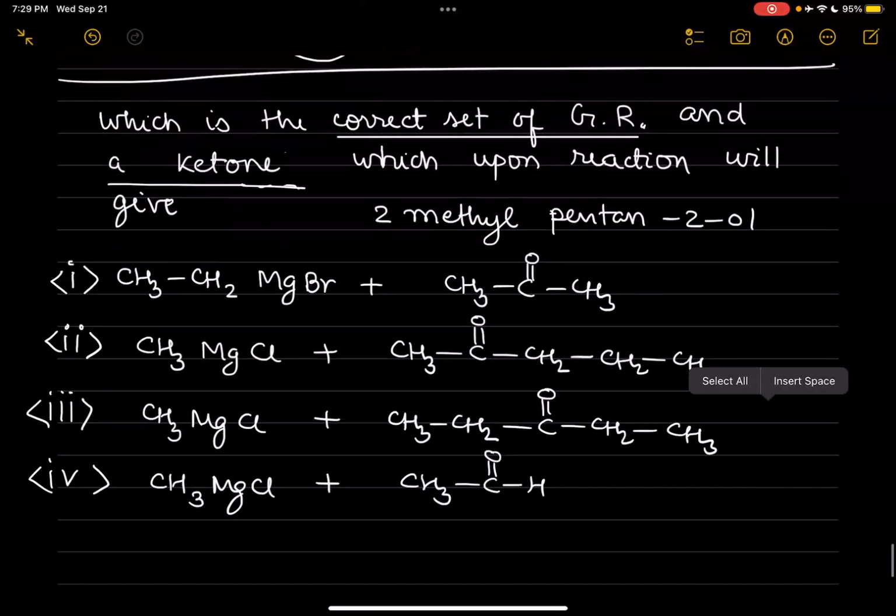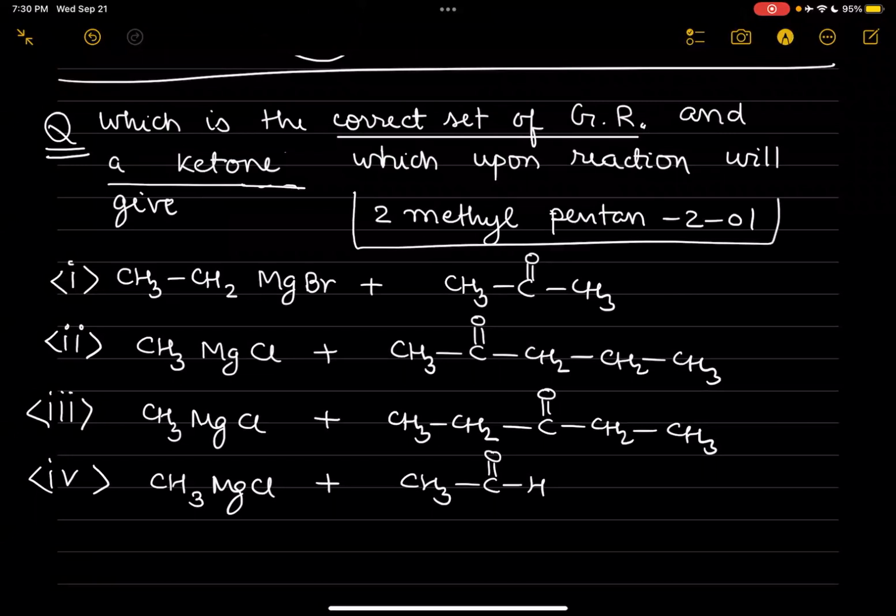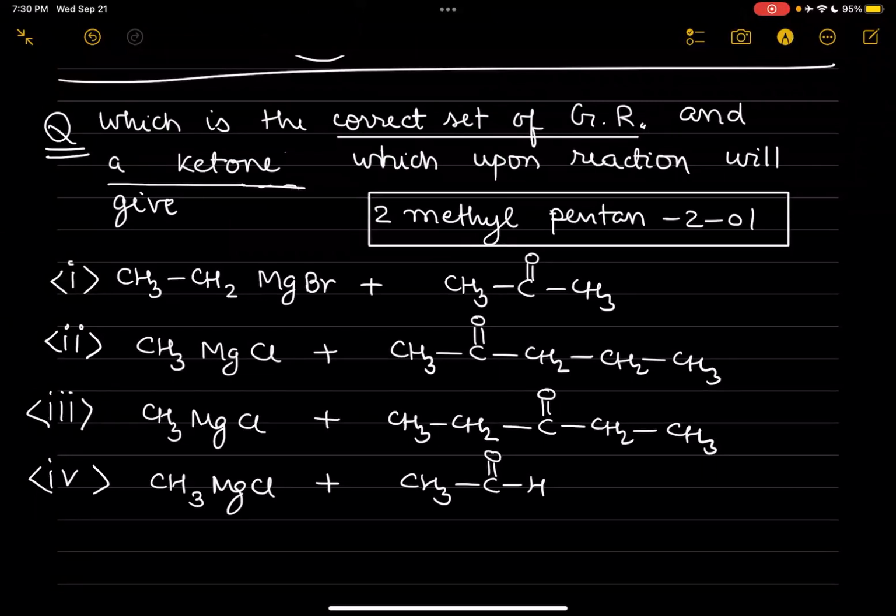So I have made an easy way by writing the options, but you need to write the structure of the reactant. Have you understood the question, Riyan and Abdullah? So what alcohol do we need to get, Anushka?